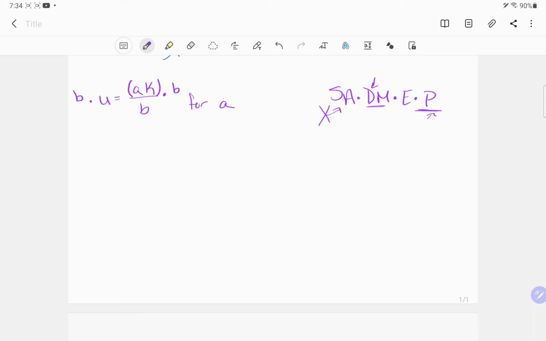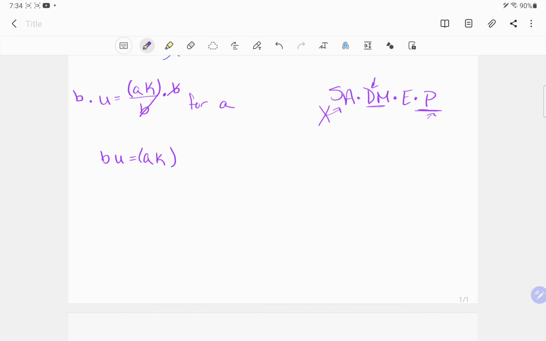The b on the bottom and the b on the top cancel out the same way they would if they were numbers. Nothing changes. I know they're letters, but it's okay. They're letters that stand for numbers. So if they're the identical number on the top and on the bottom, they cancel out. So that leaves us with b times u on this side. We can't combine those. They just rewrite them. Equals a k.